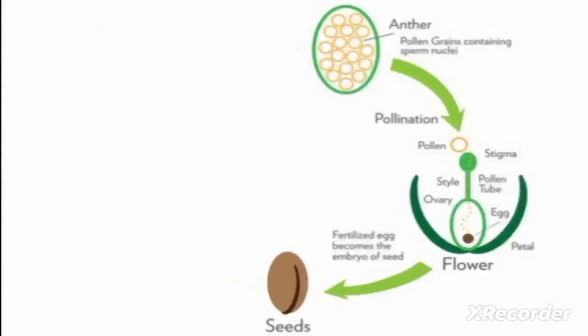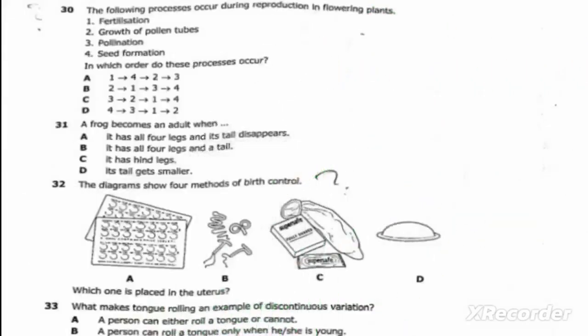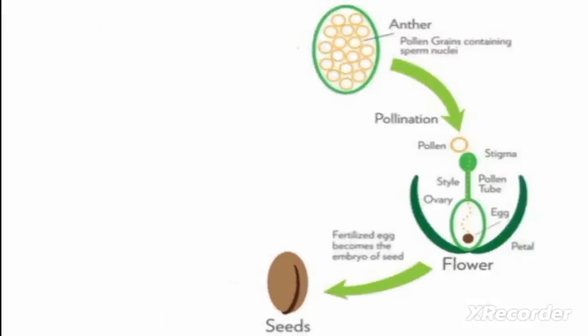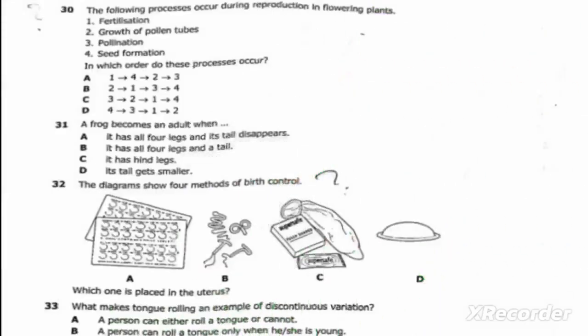These are the processes that occur during reproduction in flowering plants. So the first is pollination, followed by growth of the pollen tube, followed by fertilization, followed by seed formation. You are free to pause the video and try these steps.